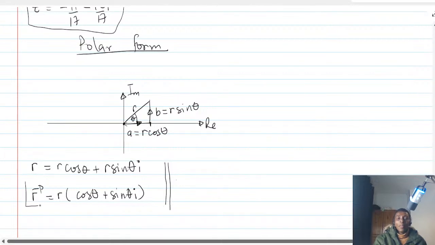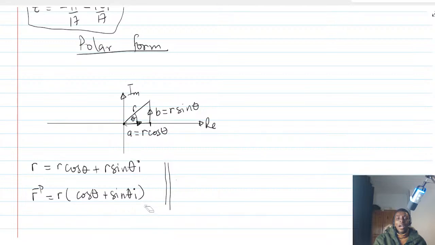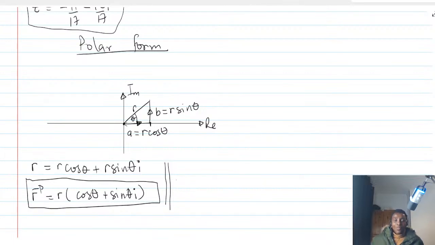Whenever you have a complex number, you can represent it as r, which is the magnitude, multiplied by cosine of the argument plus the sine of the argument, and then you add the imaginary number, the I. Okay, now Euler is saying that e raised to the power I theta is actually cos theta plus I sine theta.